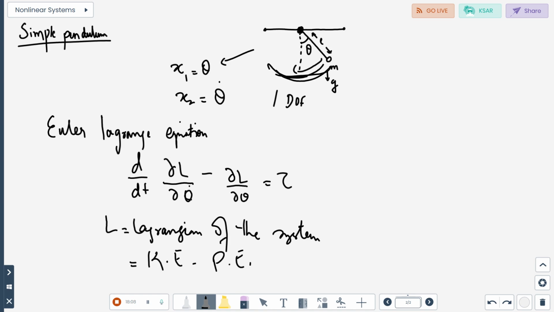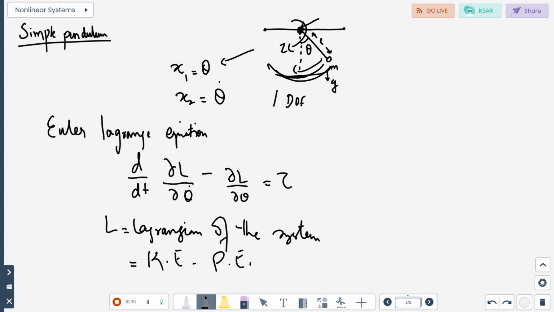So it's showing a pendular motion due to an actuator that is placed here. The motor that's rotating will generate torque, and that will act as an input to the system. That torque is equal to tau.